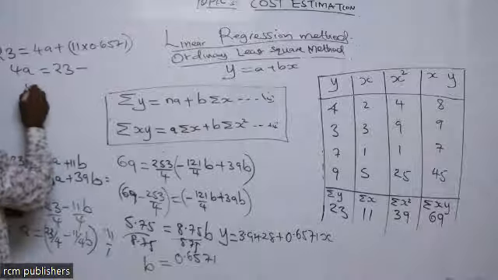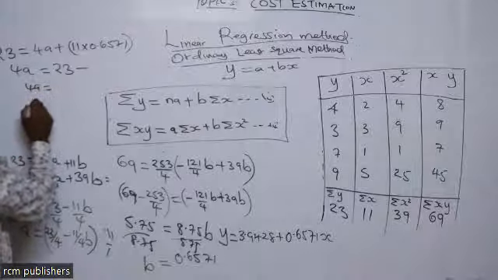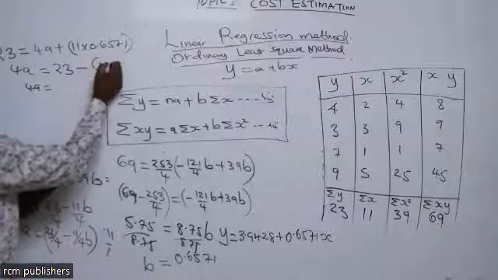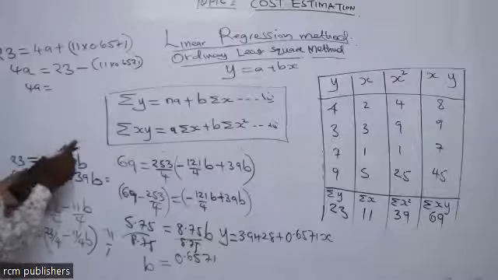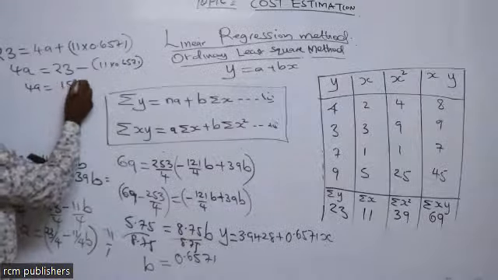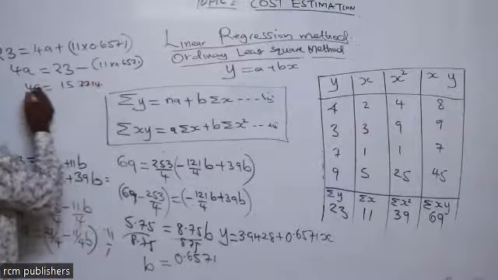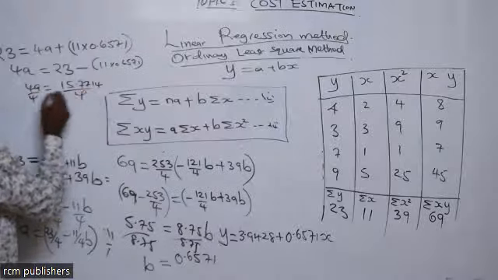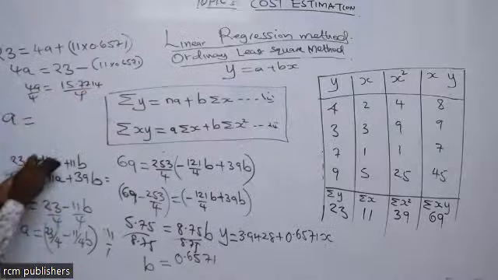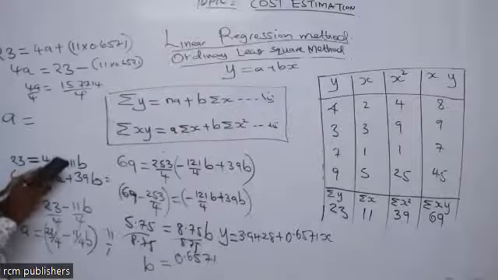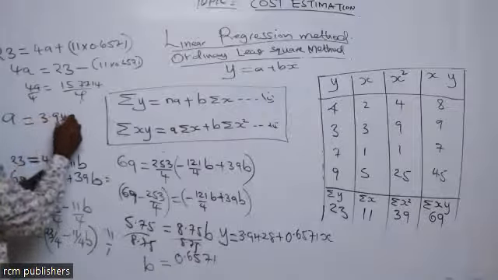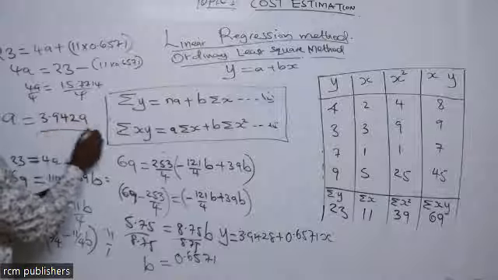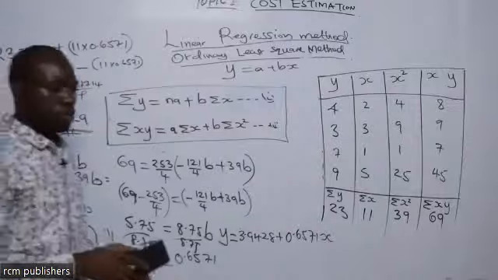So my 4A is equivalent to 15.7714. When I divide both sides by 4, I'm getting A as 3.9429. Is that correct?